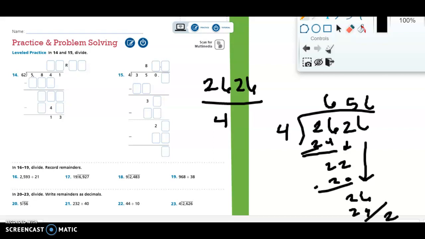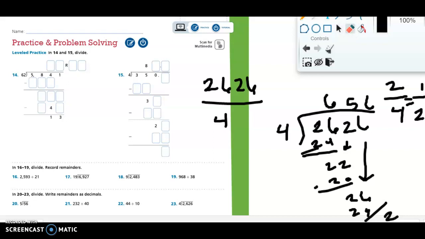I'm not done, so what I can do is write this as a fraction right now. Remember, the remainder becomes the numerator of the fraction, the divisor becomes the denominator, and I know that 656 2/4 is the same as 656 1/2, right?